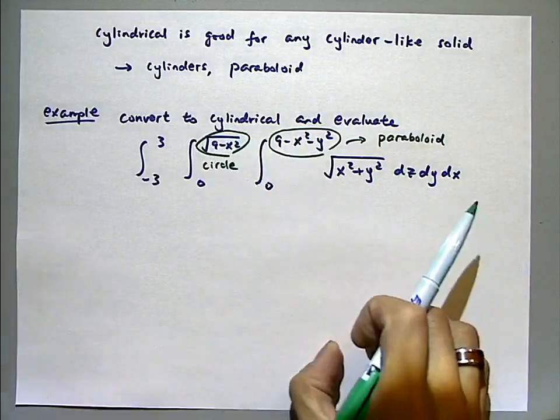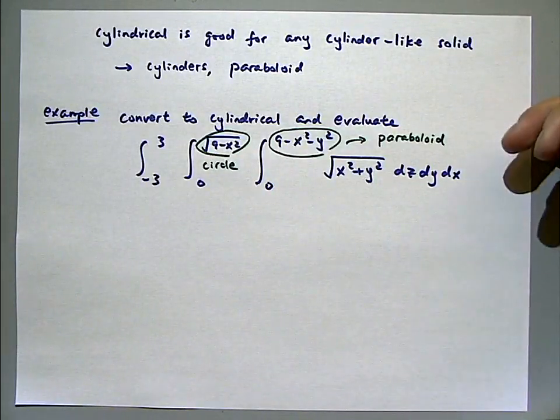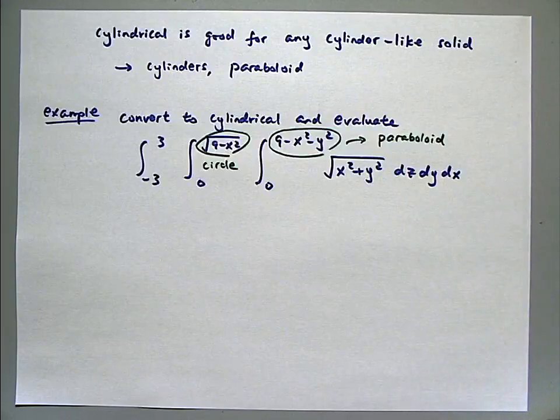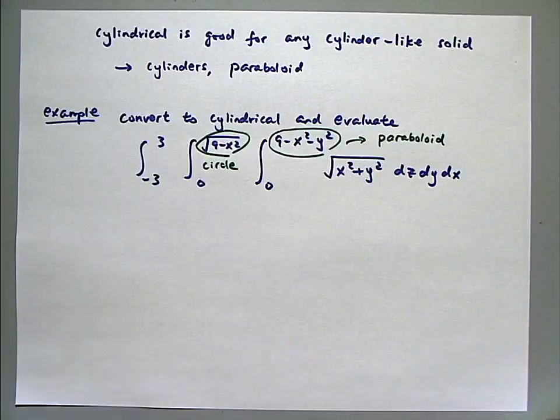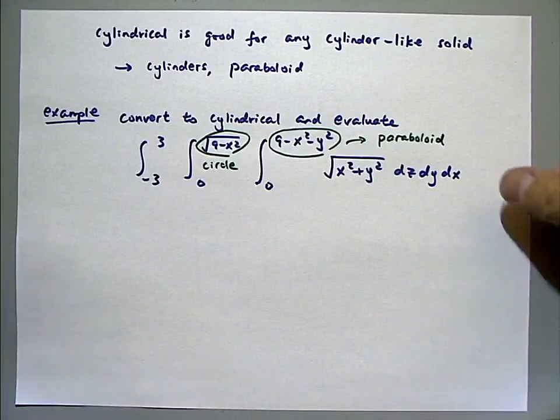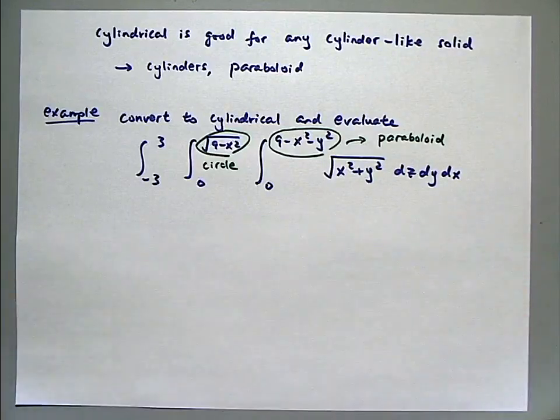Circle is part of a cylinder. So we're dealing with a circular region of some sort with a paraboloid bounding above, below, or something like that. These are indications that it's a good idea to at least try going to cylindrical before you brute force through the Cartesian. In fact, it may not even be doable if you stay in Cartesian.